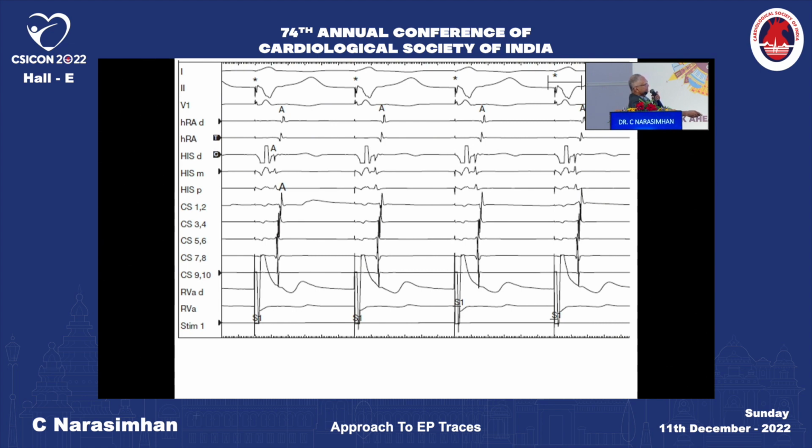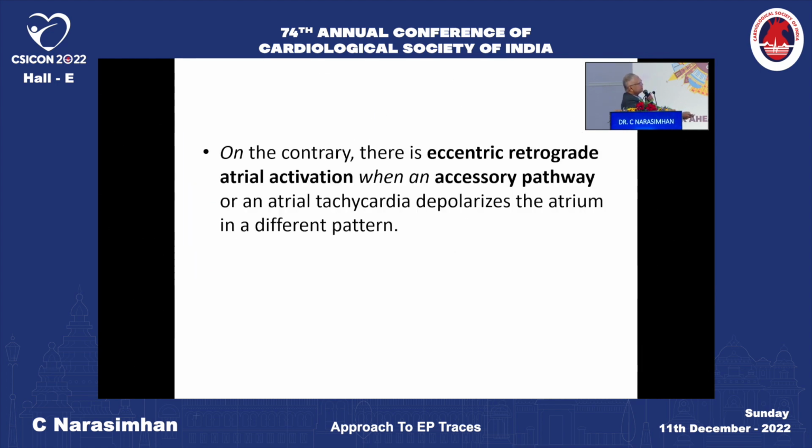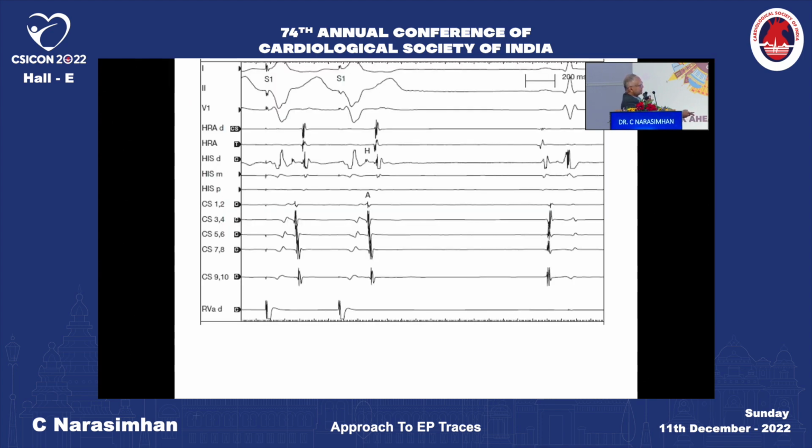I am pacing the ventricle. You can see the ventricle getting captured, and the earliest atrial activation is at the level of the His, and then the high right atrium and the coronary sinus get activated. So this is concentric. On the other hand, look at this example. We are pacing the right ventricle, and the earliest activation is in the distal coronary sinus.